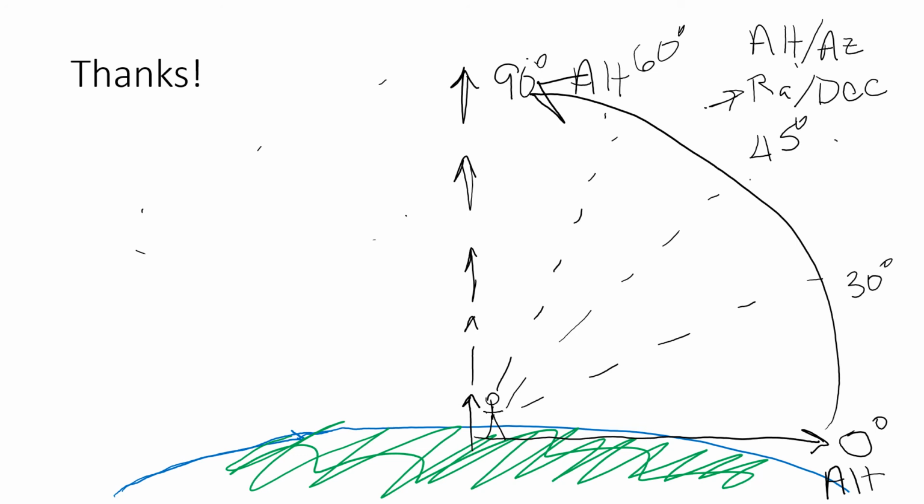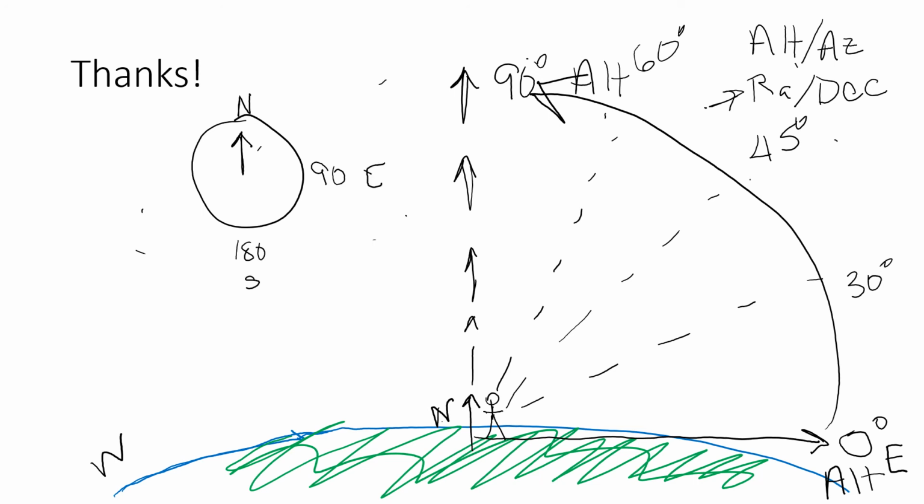When you're going around the sky, if this is north, then this would be west and this would be east, like on a compass. The compass needle points north. Then this is 90 degrees, this is 180 degrees south, and west would be 270 degrees. You find your way around the sky by turning first.